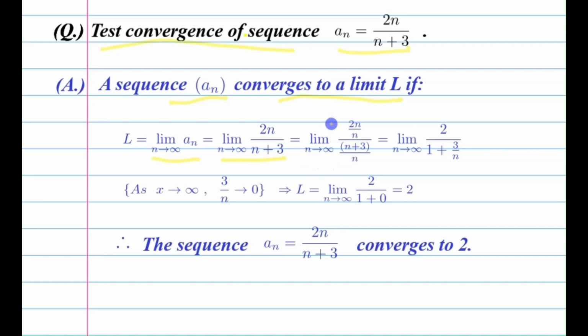So dividing by n in both numerator and denominator, we get limit n tends to infinity of 2 divided by 1 plus 3 by n. As n tends to infinity, 3 divided by n tends to 0. So limit L equals 2 divided by 1 plus 0 equals 2. Therefore the sequence a n equal to 2n by n plus 3 converges to 2.